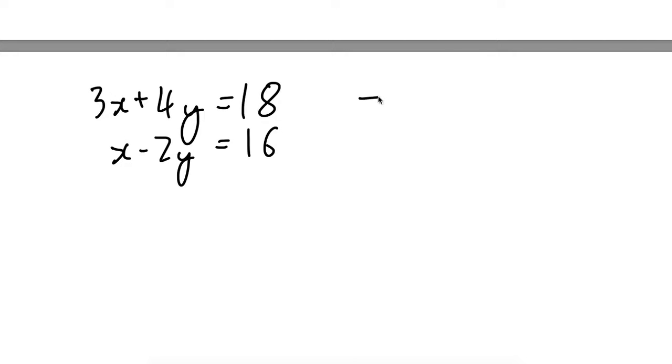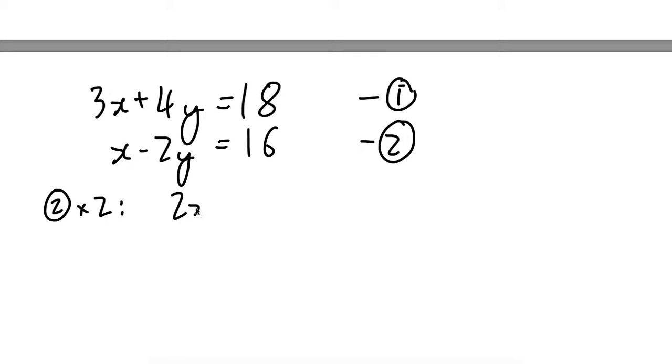Okay, so this time instead, what I'm going to do is multiply equation 2 by 2 instead of 3, and get rid of the y's instead of the x's. So if I do equation 2 again times 2, I'm going to get 2x minus 4y equals 32. Right, I've just multiplied everything through by 2.